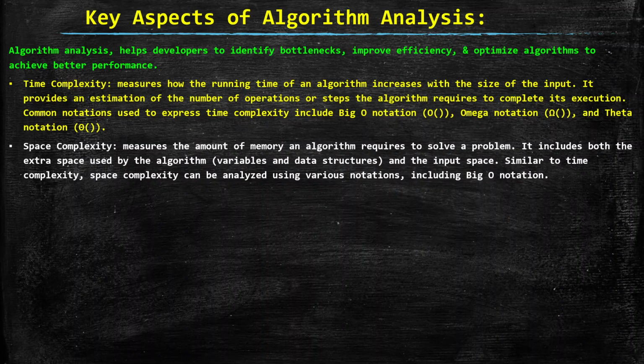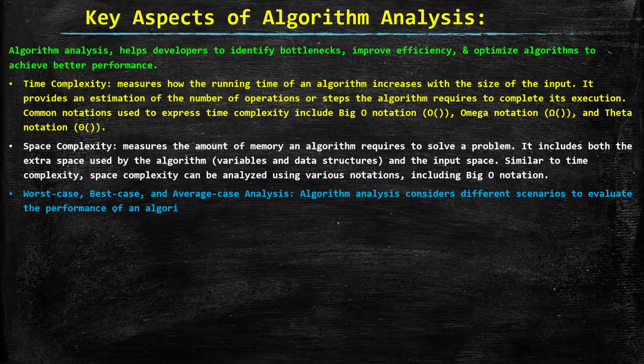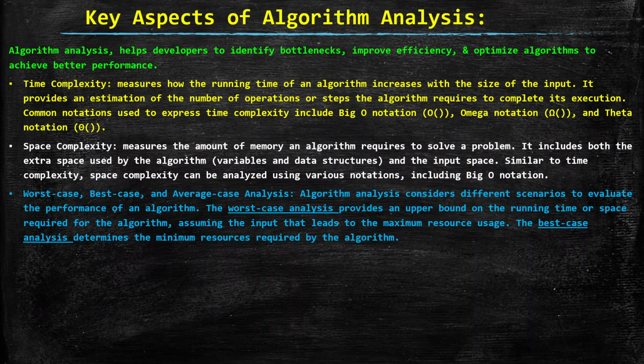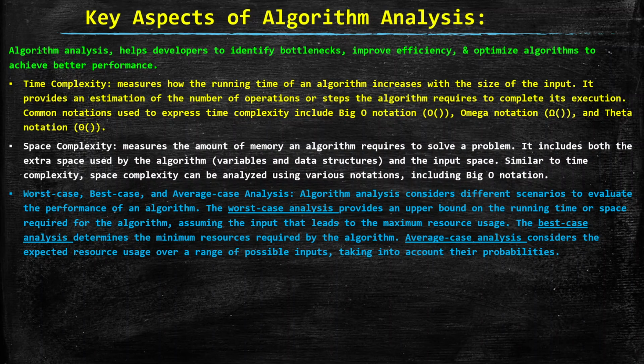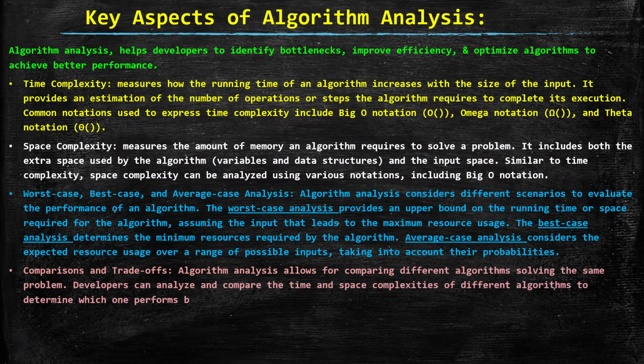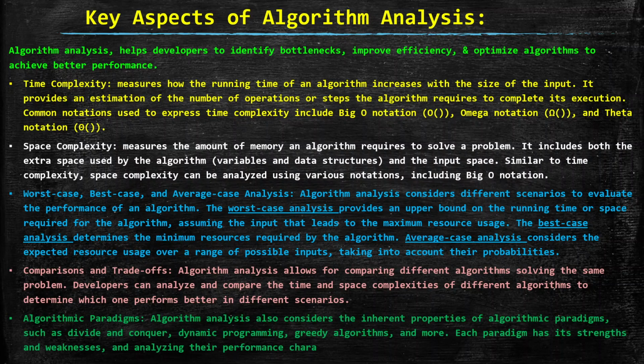To analyze the space complexity or the time complexity also helps us find the worst case, best case, and average case. The average case is denoted by big theta, the best case by big omega, and the worst case by big O. We also use algorithm analysis for comparisons and trade-offs, as well as algorithm paradigms.